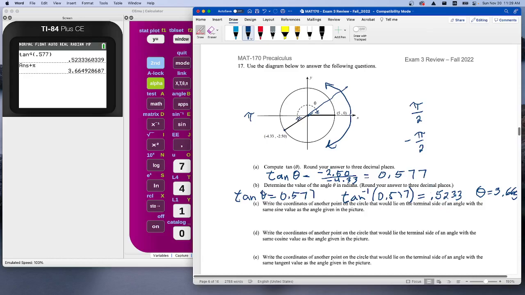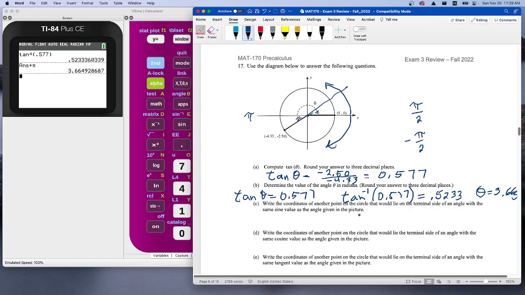But that's how you get it. You plug it in. You don't get that answer directly from your calculator. You have to realize inverse tangent's only going to give us a number somewhere between negative pi over 2 to pi over 2. And then we have to make that adjustment.